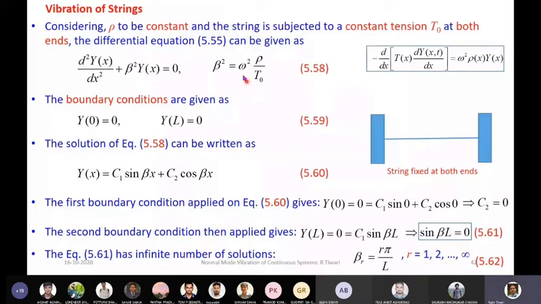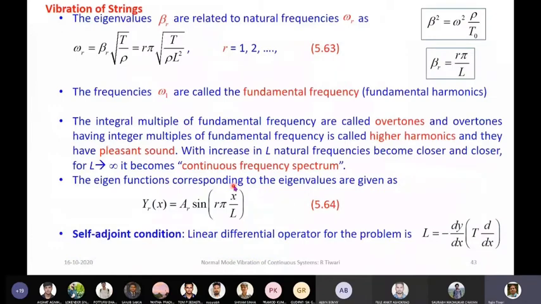Once we obtain this, because beta is related with omega square, if we substitute beta R here, omega square can be solved. So omega will be in terms of beta, and we substitute beta R, so we get this.